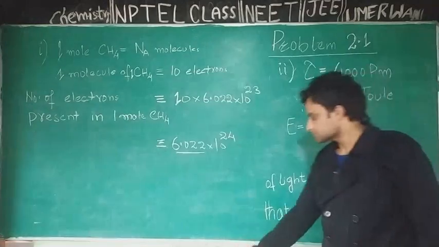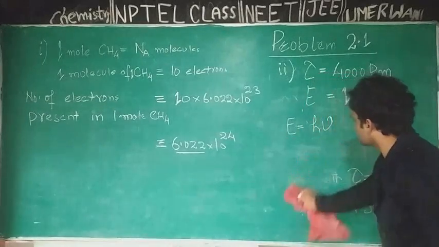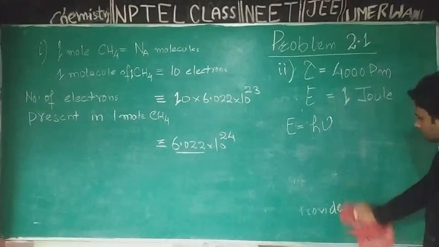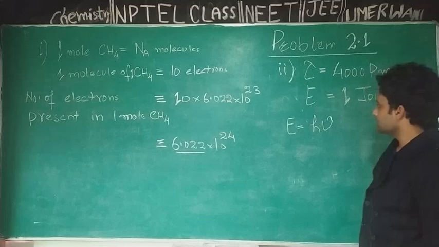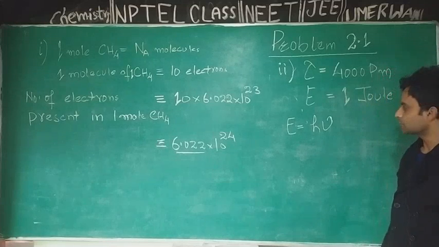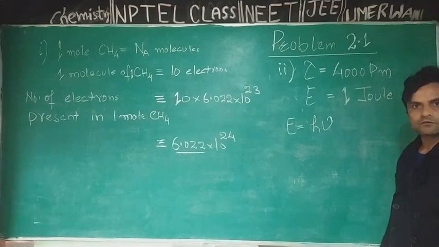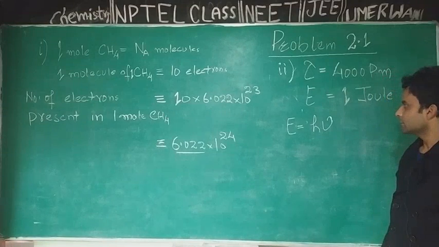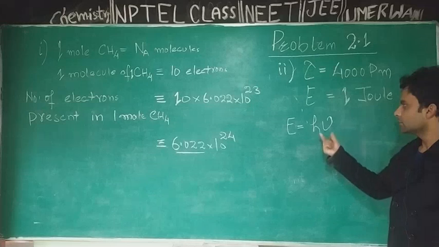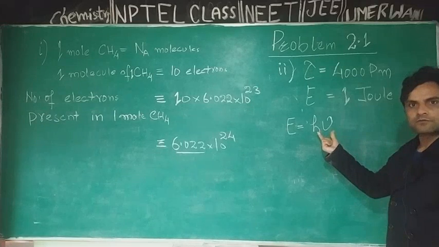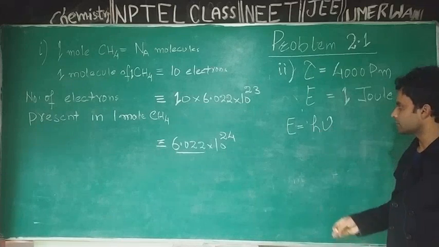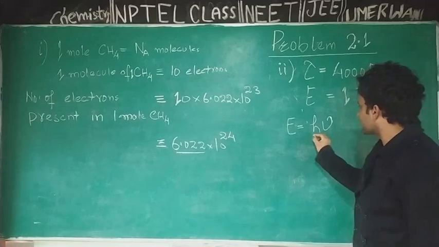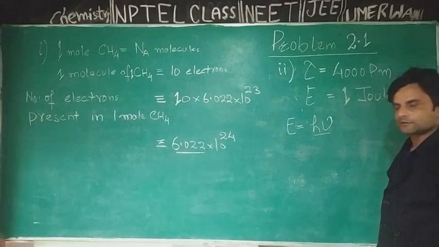and total energy emitted or absorbed by source is equal to energy of n photons or energy of n quanta. Now energy of one quantum or one photon is h nu.